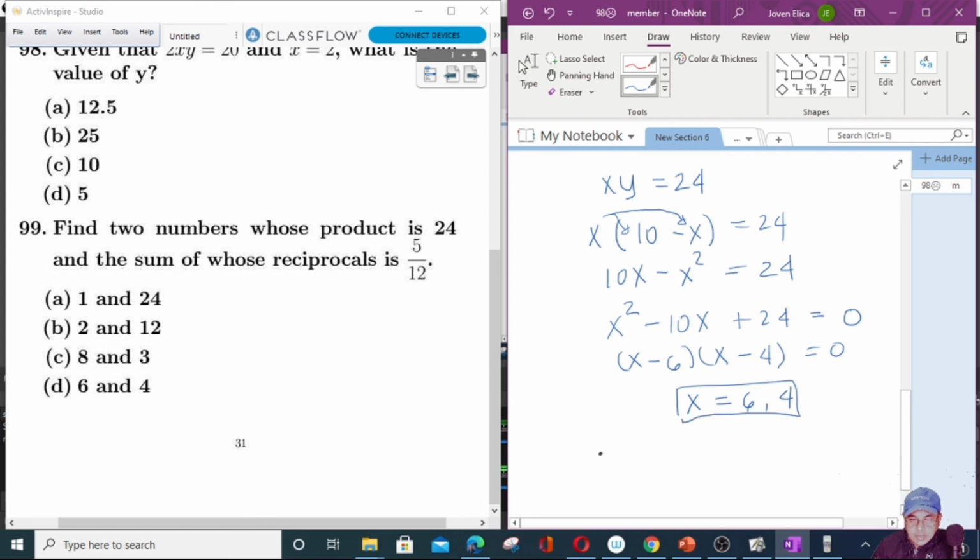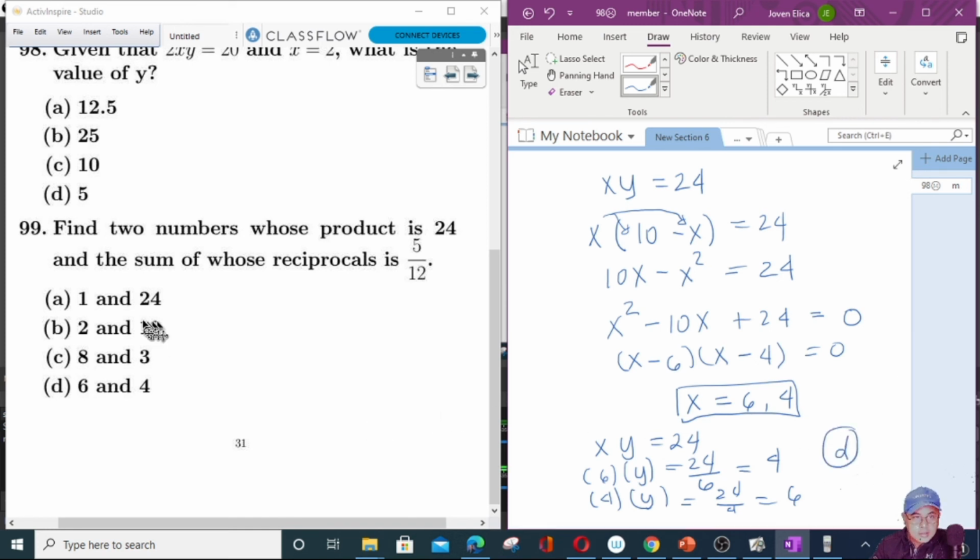The two numbers actually, because from xy equals 24, if x is 6, the value of y is 24 over 6, which is 4. If x is 4, the value of y is 24 divided by 4, which is 6. So therefore, the numbers are 6 and 4, which is letter D.